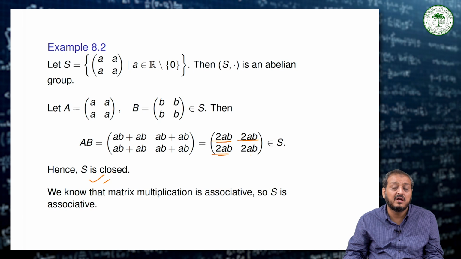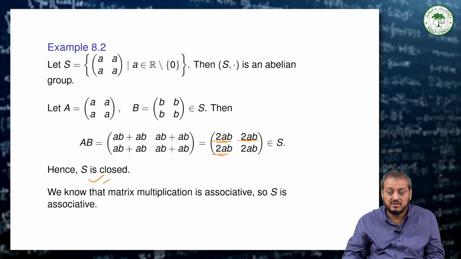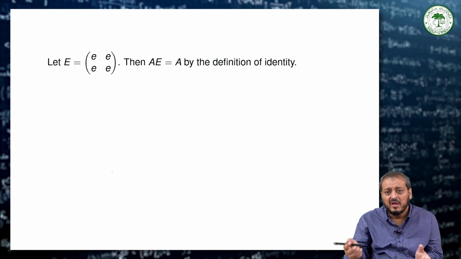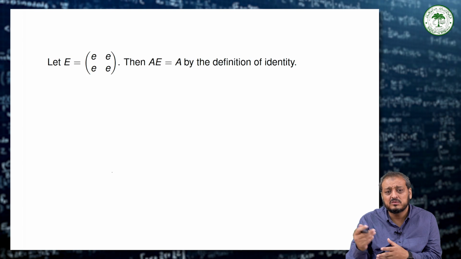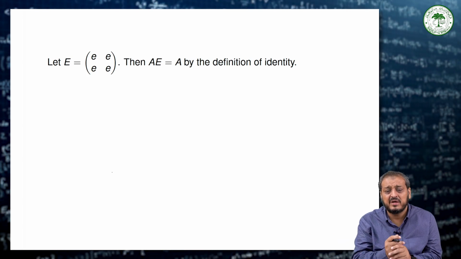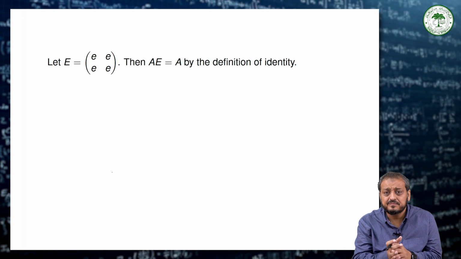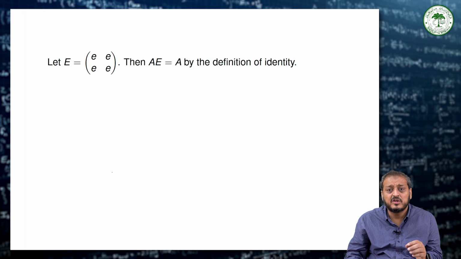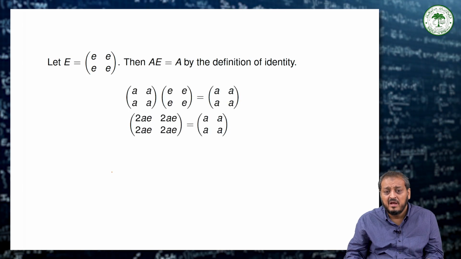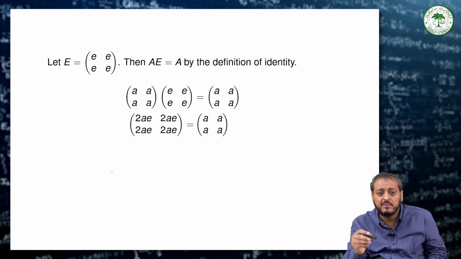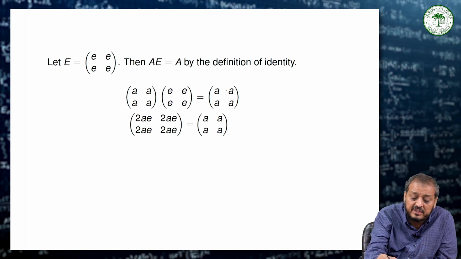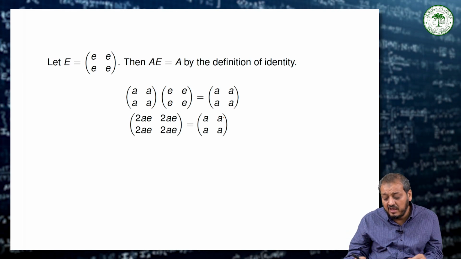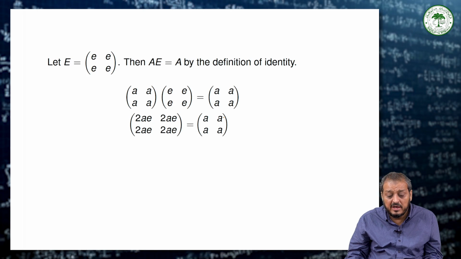Now we try to find the identity element of this matrix. Assuming E is the identity element, E belongs to the real numbers but is not 0, and by the definition of identity, AE is equal to A. So take any matrix A, multiplied by this E, and we have 2AE in each entry, which should give A. So we simplify this.